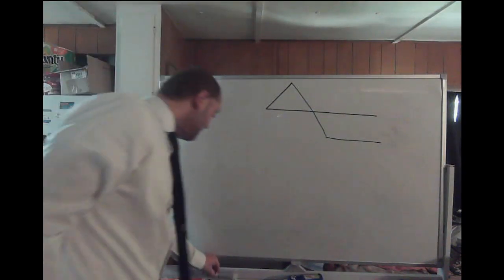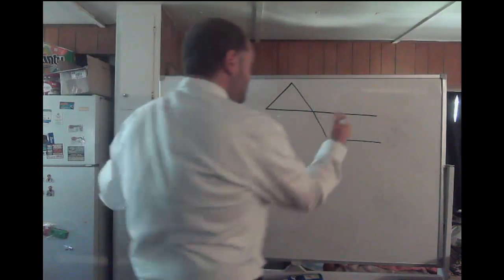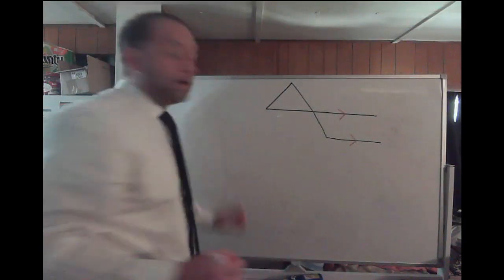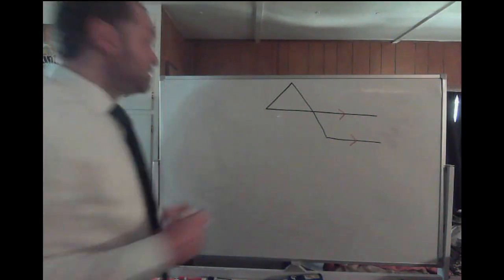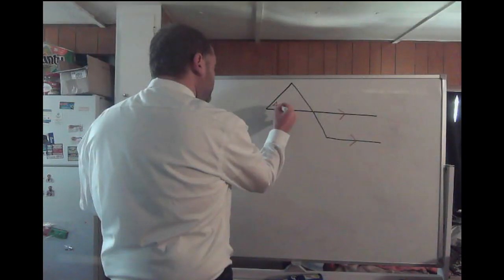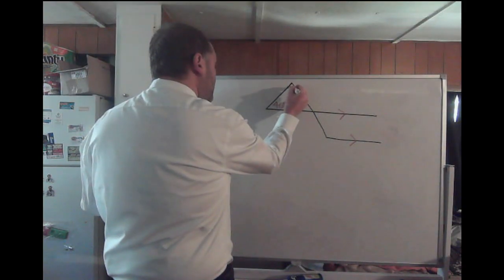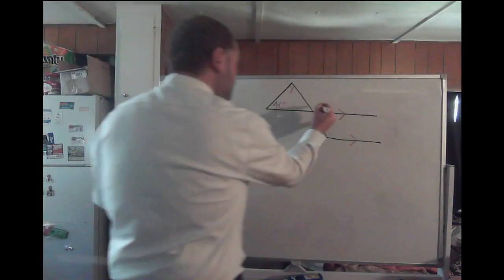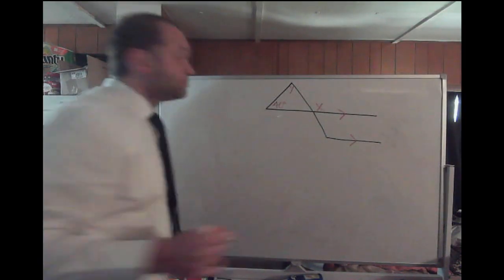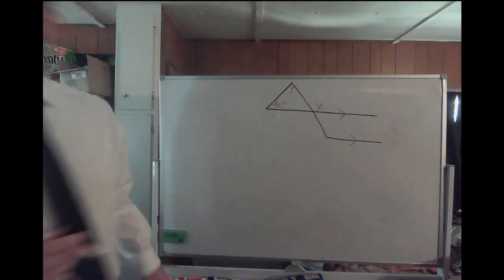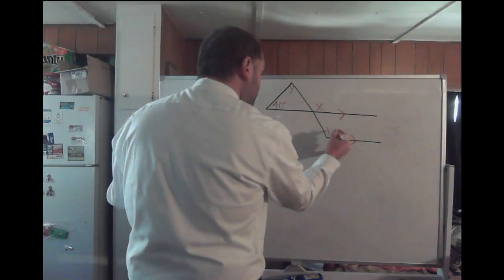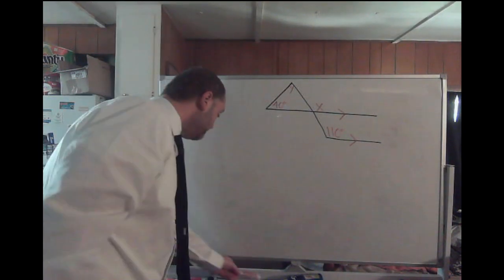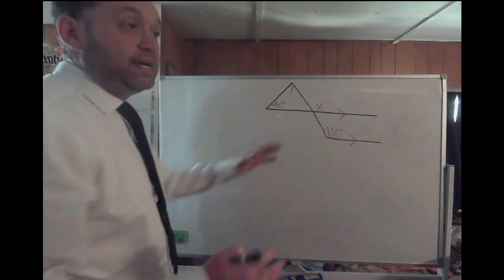So there's that hot mess. Now, these two lines here are parallel to each other. This angle is 40 degrees. This is y. This is x. This is 110. Alright, so now we have our angle measurements. We need to go ahead and find x and y.